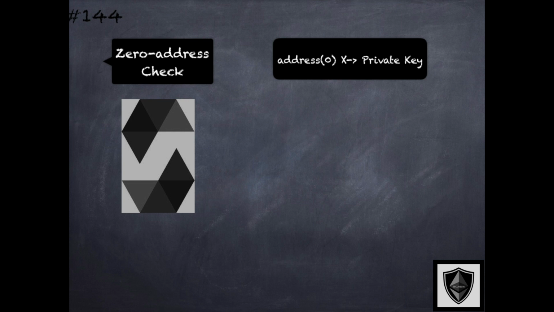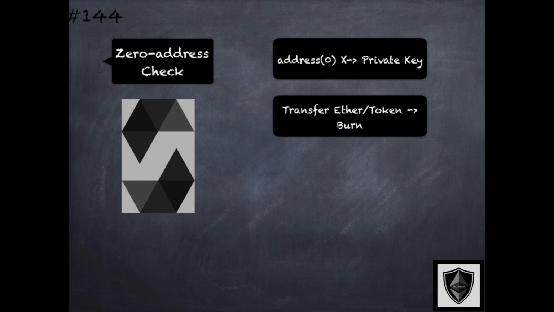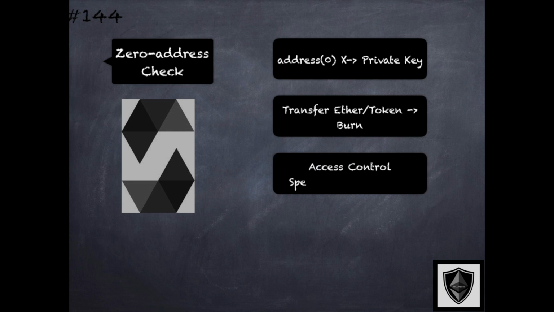Recall that Ethereum addresses are 20 bytes in length, and if those 20 bytes all happen to be zeros, which is referred to as a zero address, that is treated specially in Solidity contracts and also in the context of the EVM, because the private key for a zero address is unknown. So if ether or tokens are transferred to the zero address, then it is effectively the same as burning them or not being able to retrieve them in the future.